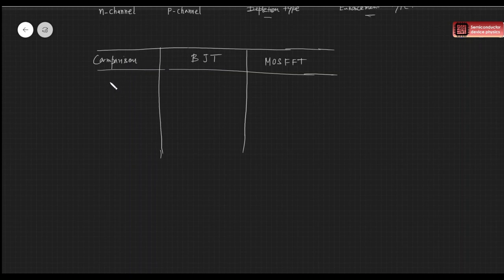If you think about the types, we already know that for BJT there are basically two types, it could be PNP or NPN, right? In the case of a MOSFET we just discussed, there are basically two different types. One is depletion, and in the depletion the channel could be N or P type channel.